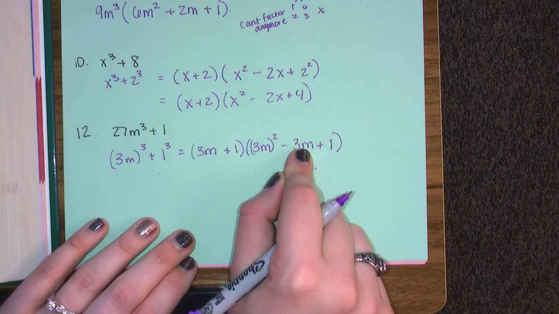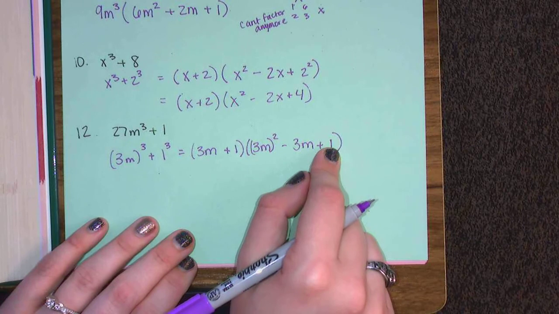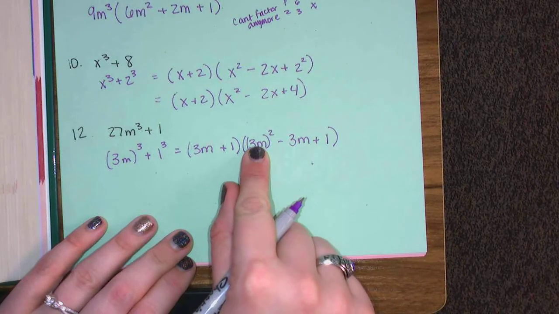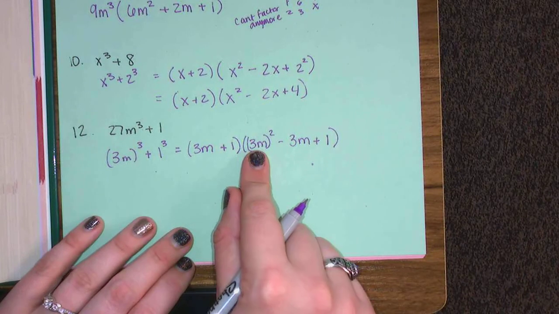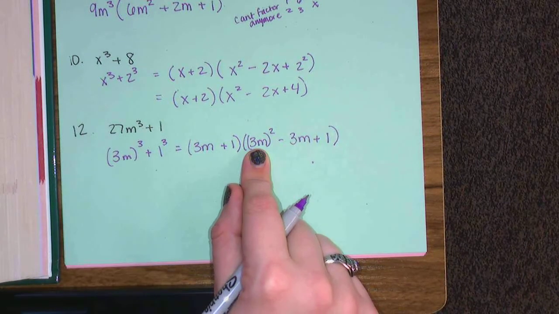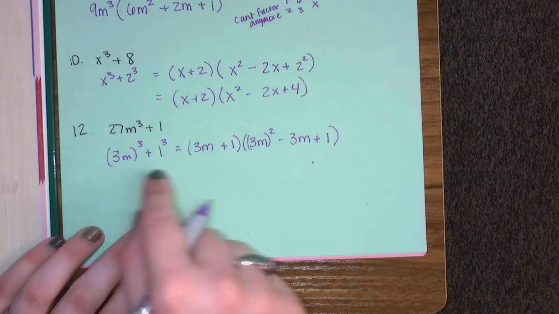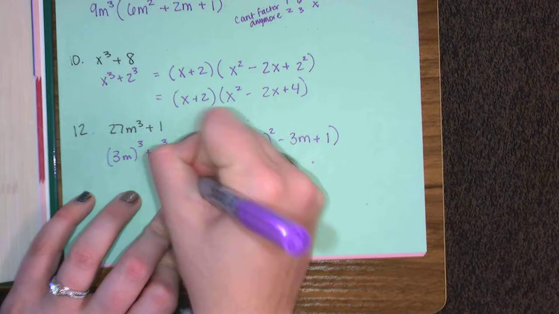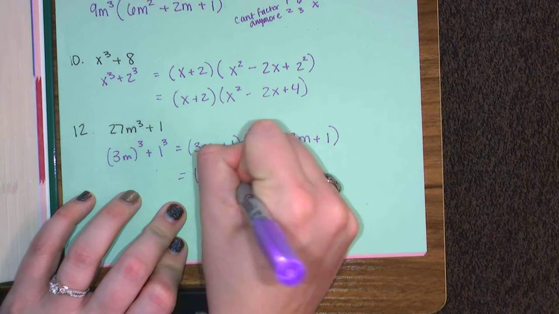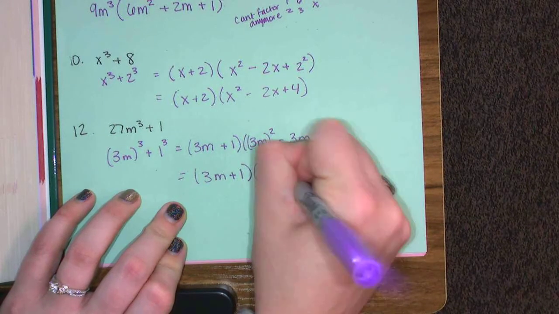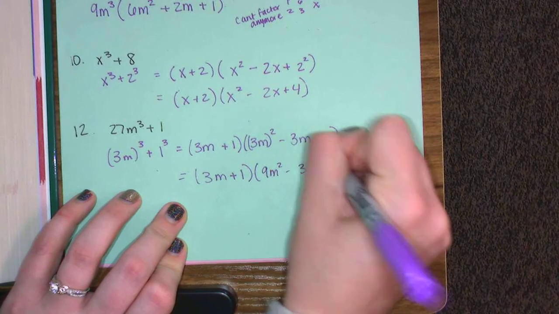You can if you want to, but you don't have to. And 1 squared is obviously just 1, so I'm just going to skip that. Now, I do need to go back through and actually multiply this. You could have done that as she was saying it, she could have told me that's 9m squared, and that would have been fine. But just getting used to following the pattern, it is good to write out the whole thing. So then we would want to rewrite it as 3m plus 1 times 9m squared minus 3m plus 1.